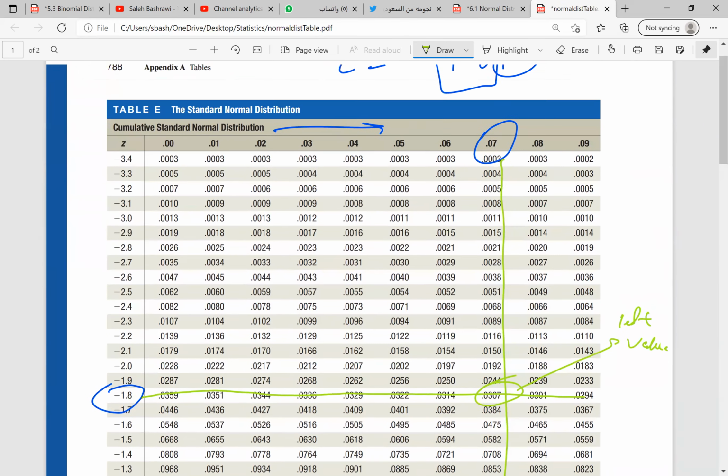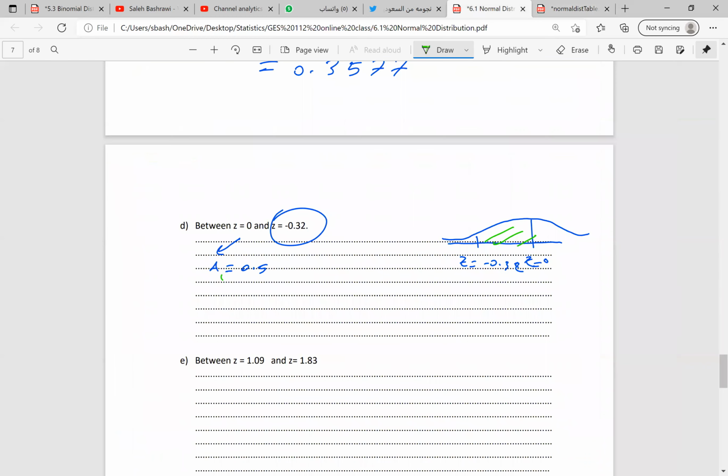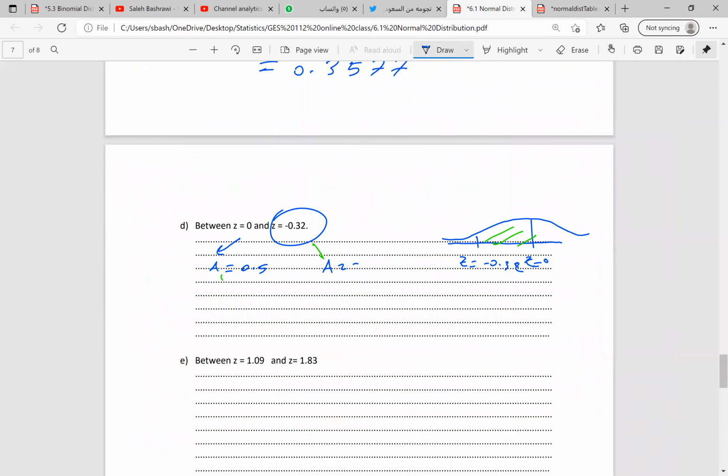We go up, this will be 0.02, because our z is minus 0.32. So 3 in the first one and go for the horizontal, which is 0.2. I will get 0.3745. So the second area, this is A2, is 0.3745.